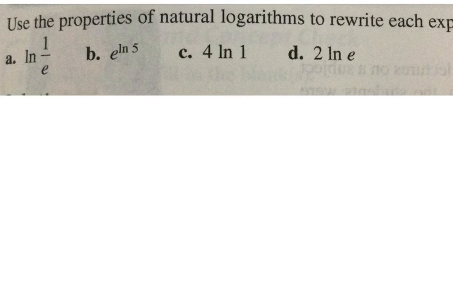Because I have e to the first in the denominator, I can move e to the first to the numerator and change the sign of my exponent. You remember we had some problems like that on Wednesday. So this will be the natural log of e to the negative first power. Now when you move that e to the first to the numerator, you have to multiply it by 1. This time that's kind of useless because multiplying by 1 really does nothing.